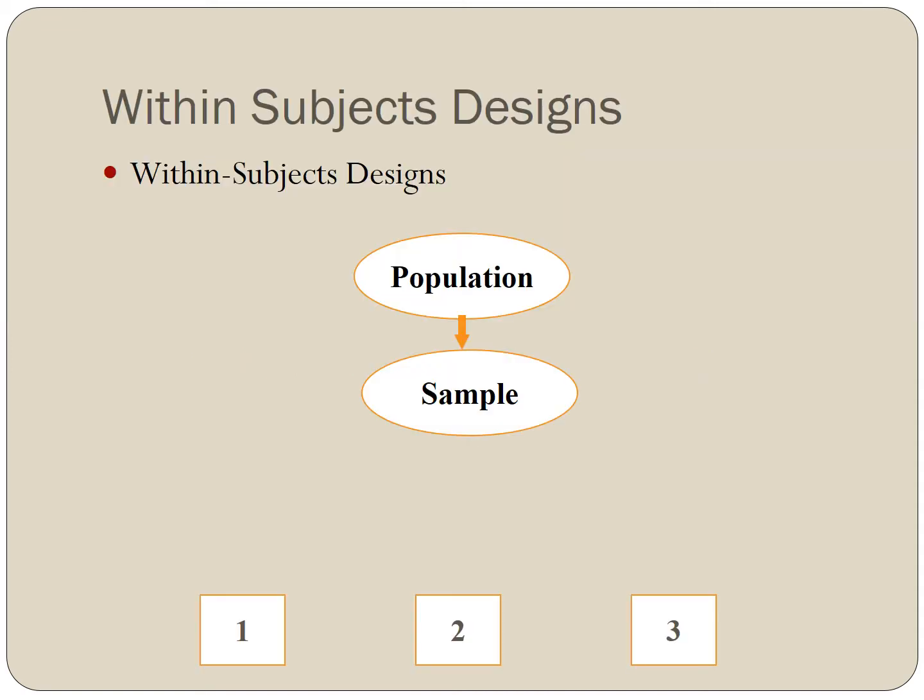They look like this, and using our previous example, let's say we're going to do a study of whether coconut oil helps you lose weight. So in this case, I get a population of people who want to lose weight. From that population, I get a sample. And then I put that sample, the whole entire sample, so there's no random assignment or anything.